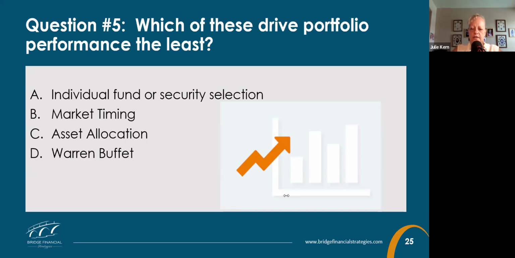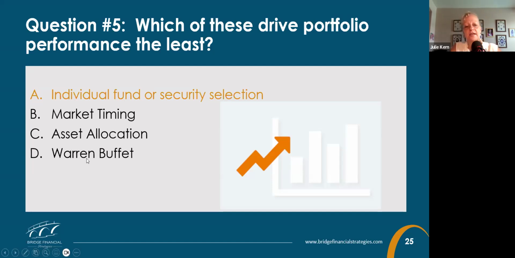Okay, so I'm going to go ahead and share those results. We were 2/3 on market timing and 1/3 on Warren Buffett. So let's see what the answer is. And the answer is individual fund or security selection. So at the beginning, I told you that asset allocation was the most important and individual fund or security selection is the least.